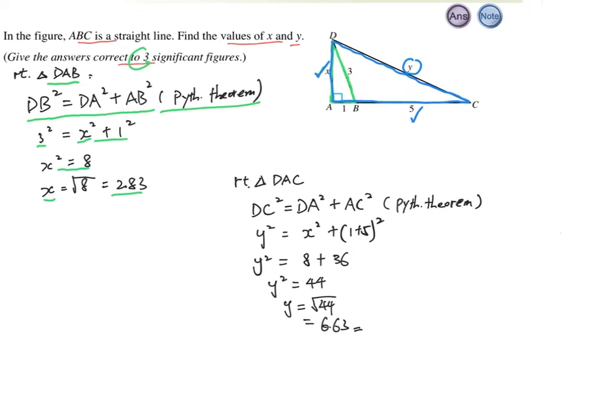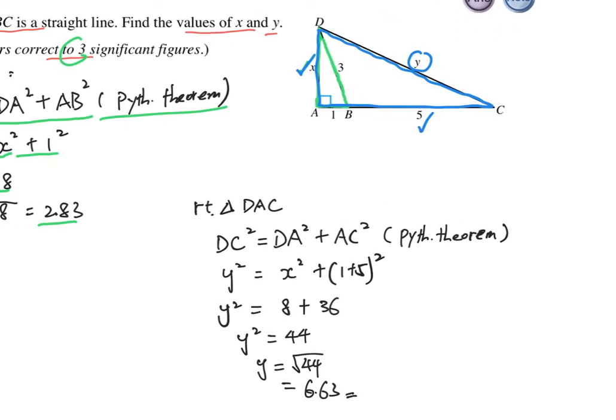So we look at the large right angle triangle. This is the hypotenuse, so DC squared equals DA squared plus AC squared by using the Pythagoras theorem. And then y squared is equal to x squared plus (1 plus 5) whole bracket squared.